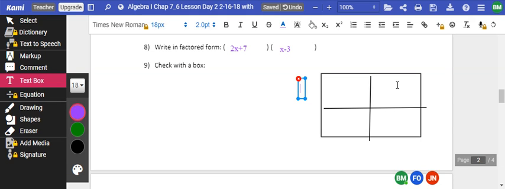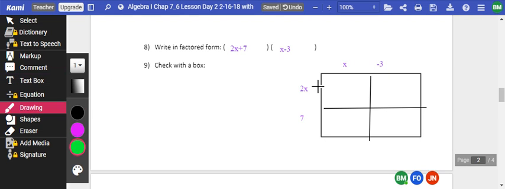We've got 2x and 7, and we've got x and negative 3. x times 2x gives me 2x squared. 2x times negative 3 gives me negative 6x. 7 times x gives me 7x.